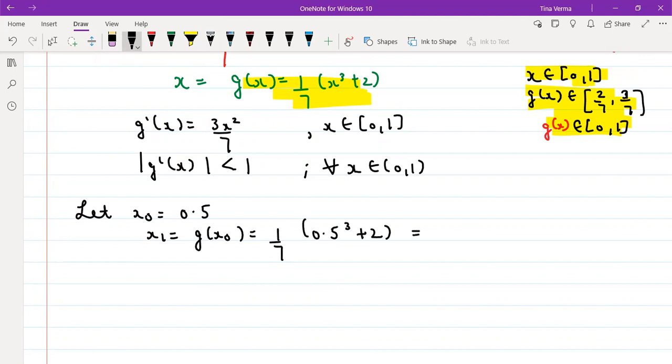So this is giving me the answer 0.303571.